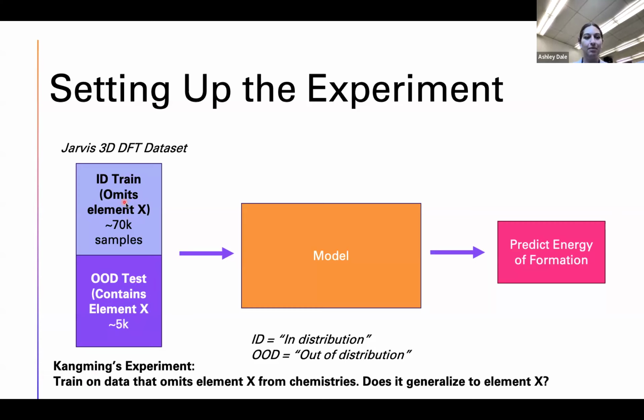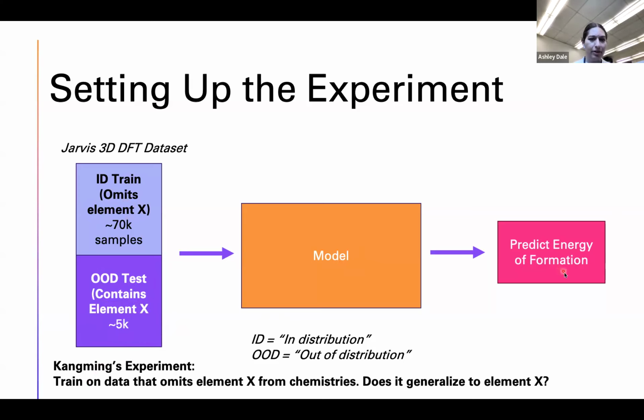So our train set is going to be in distribution, and it's never seen iron before. And then the out of distribution data is going to contain every sample that has iron in it. Then we're going to train our model. Today's model is going to be a random forest because it's fast and it's really good as an ensemble method. And we saw earlier that if you have ensemble predictions, that gets you a cheap prediction distribution.